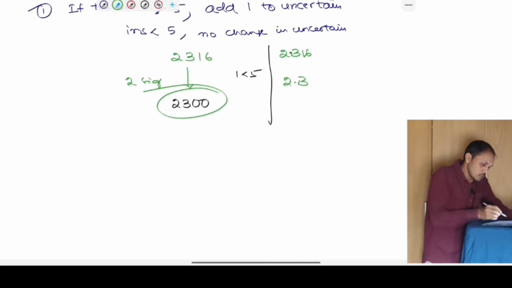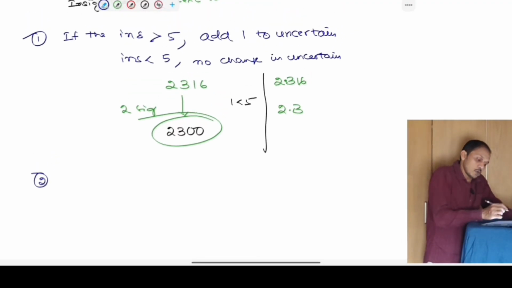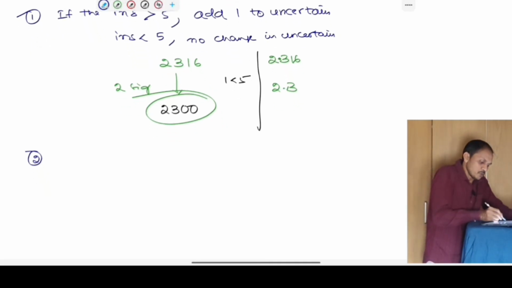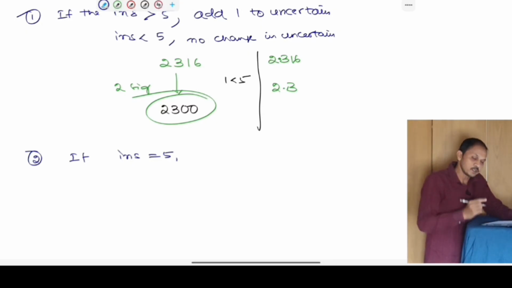Okay, now second rule. Rule number 2. Less than 5 and greater than 5 we discussed. What if it is equal to 5? If the insignificant is equal to 5, then the uncertain will decide what to do with the uncertain itself. Okay, now 2 conditions here.